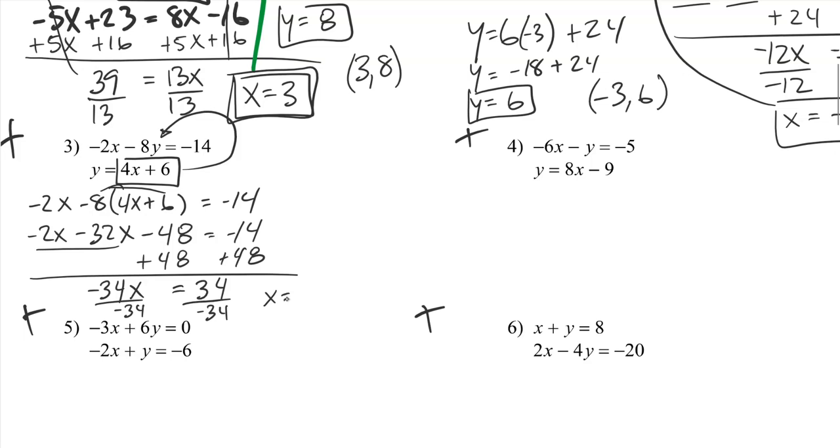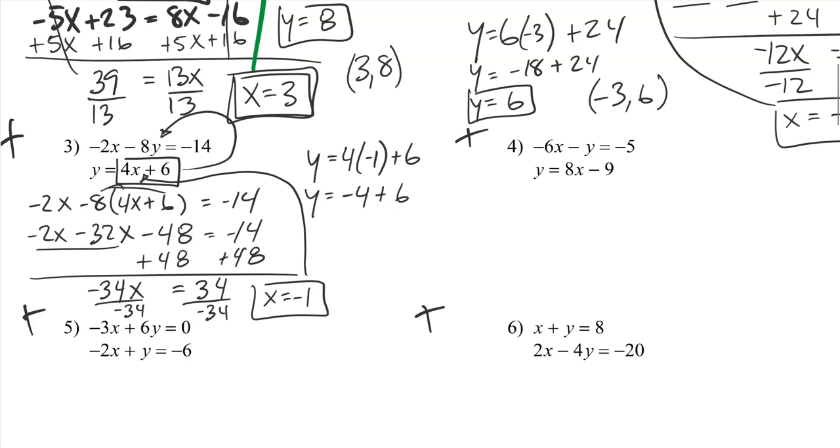And we get x equals negative 1. So if x is negative 1, we can take this and substitute it in for x in that other equation. So y equals 4 times negative 1 plus 6. y equals negative 4 plus 6, so y equals 2. That makes the point negative 1, 2.